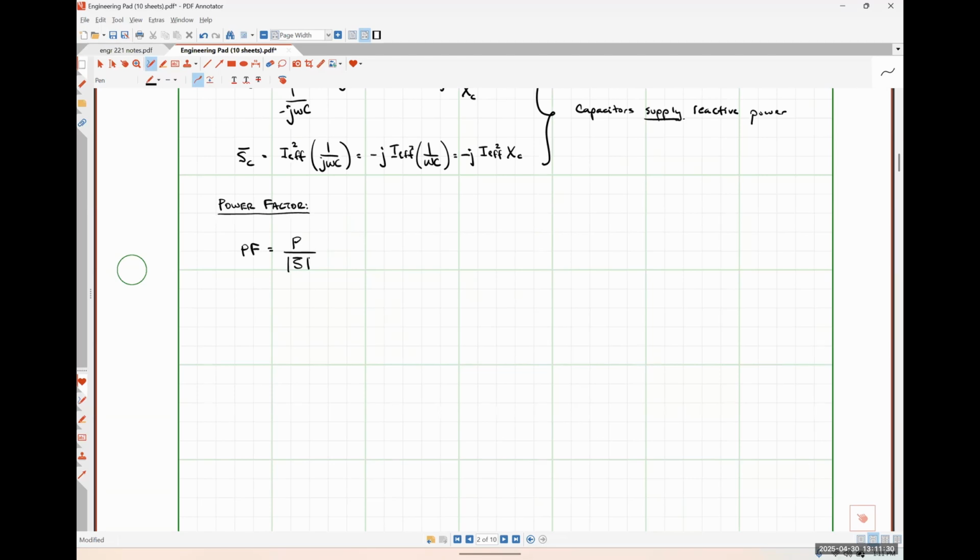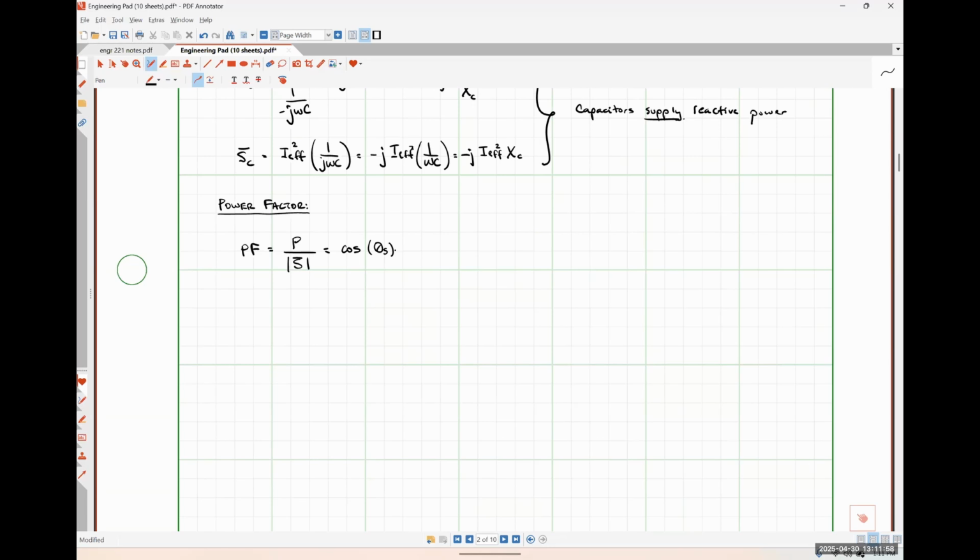If we were to scroll up here and we were to simply take our mathematical expression for average power and divide it by our mathematical expression for apparent power, we would find out that this is simply going to be the cosine of theta v minus theta I, which I'm going to choose to represent as cosine of theta s, our power factor angle, which is where it gets its name from, okay?